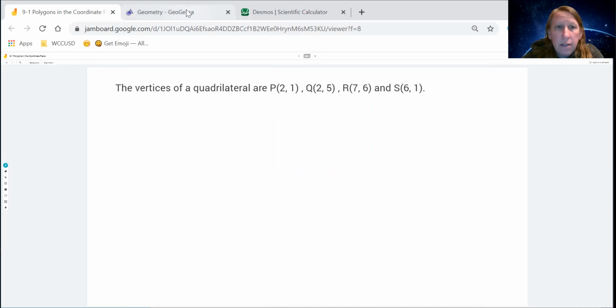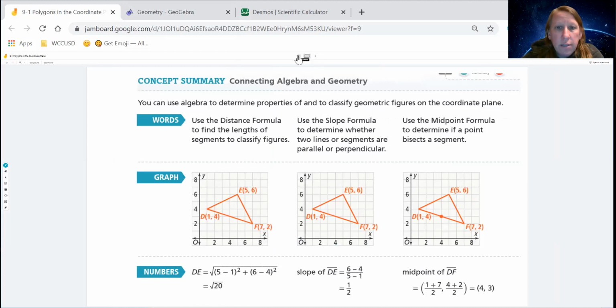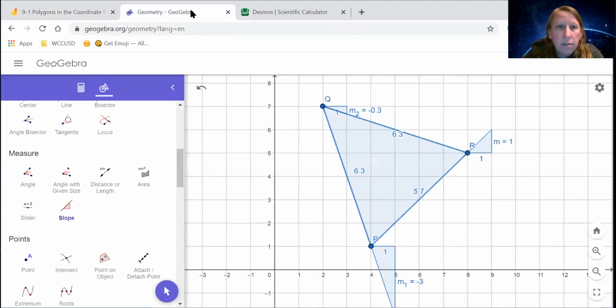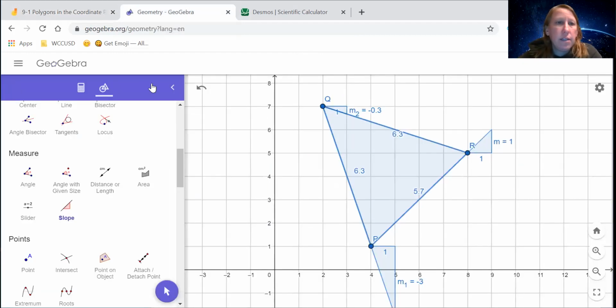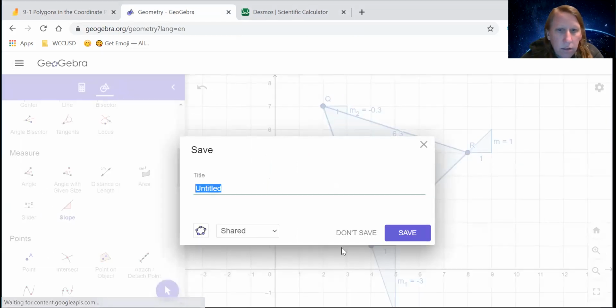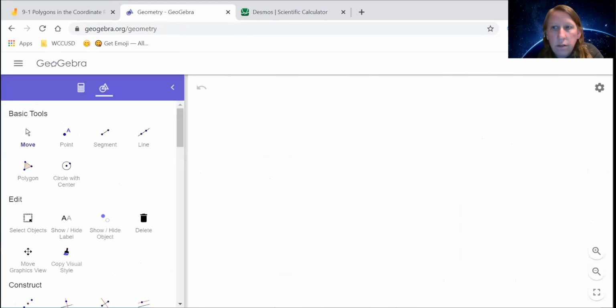Let's go back to GeoGebra for this one, and let's see what it looks like. PQRS. I'm going to clear this out and just start a new one. How do I do that? Clear all. Don't save.